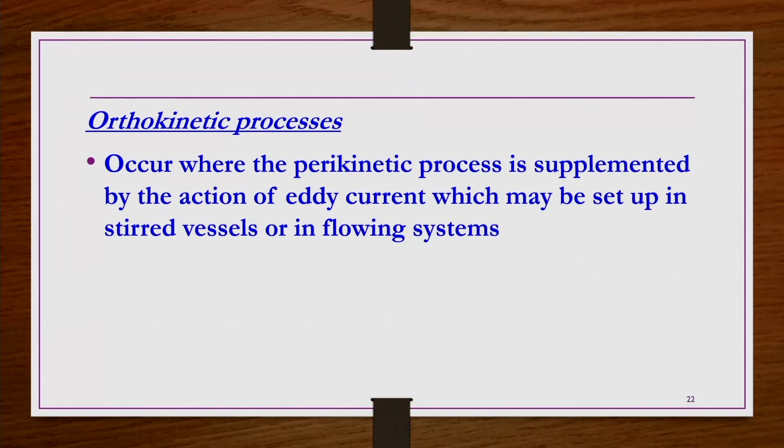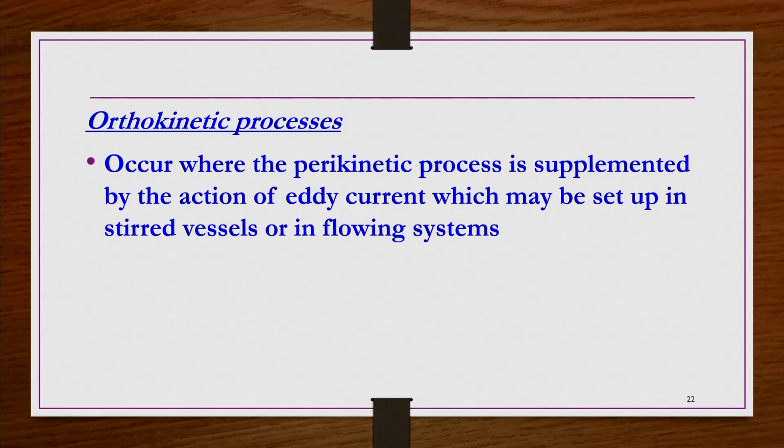The fine particles along with the fluid you may be taking in a kind of vessel and then stirring them rigorously, or the flow is a kind of very high flow, so that eddy currents may be forming, something similar to turbulence, etc. Under the presence of such eddy currents, the influence of the Brownian motion may be very small in comparison to these eddy currents, which are occurring because of the rigorous stirring or the high velocity flow system.